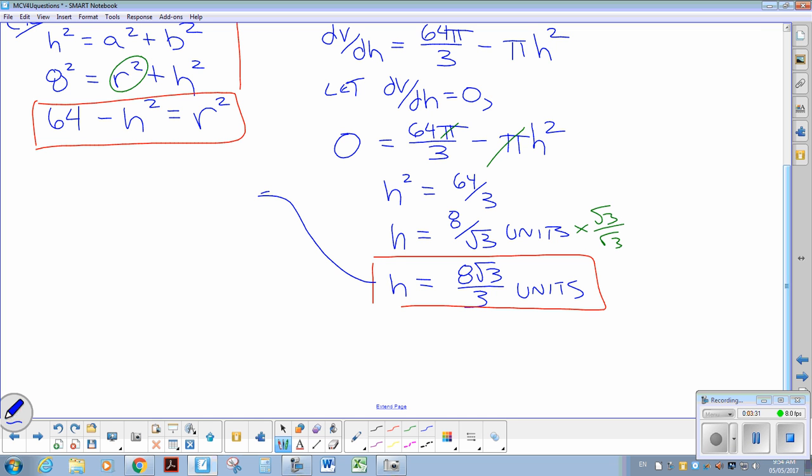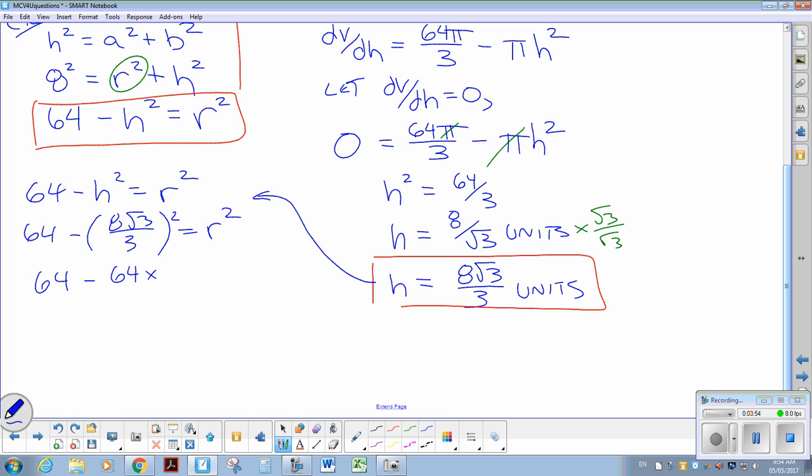I'm going to use that then to determine my radius, so we can see it match up with the answer. 64 minus 8 root 3 over 3 squared equals r squared. So 64 minus, I'm going to get 64 times 3 divided by 9 equals r squared.